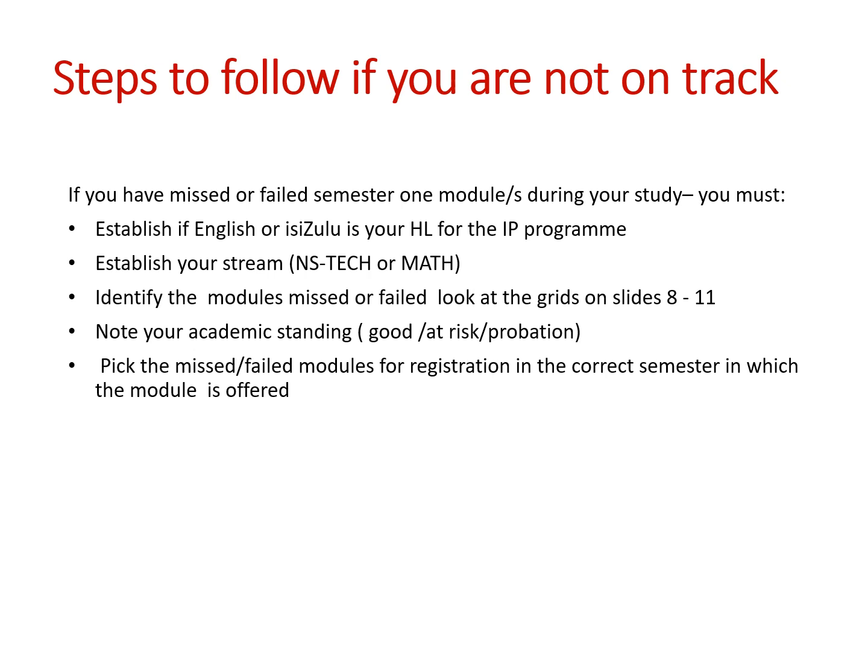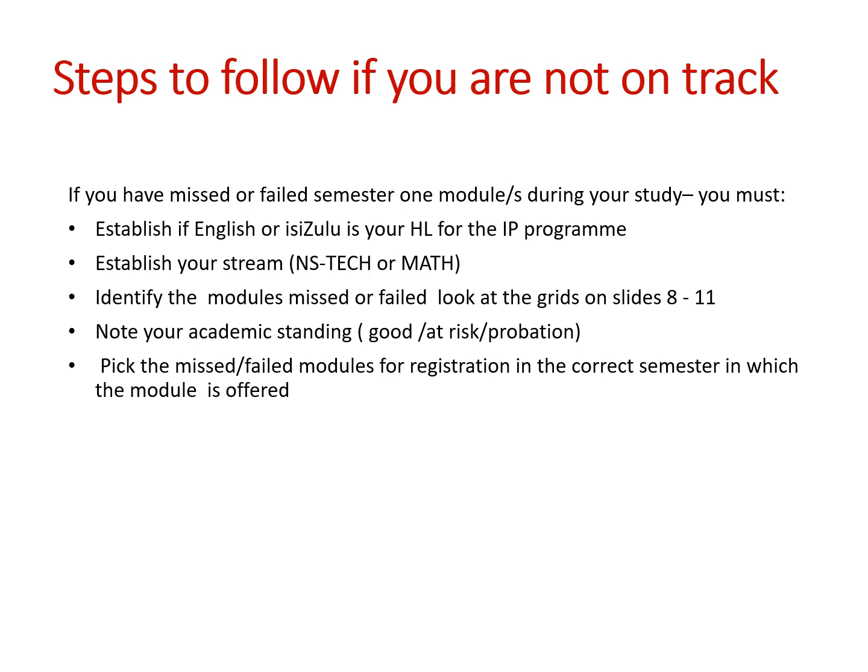Here are some steps you could follow if you find that you are not on track with your studies and are not completing the modules as per the previous slides. You need to firstly establish your language option that you have selected. Is it English home language with isiZulu FAL, or is it isiZulu home language with English FAL?